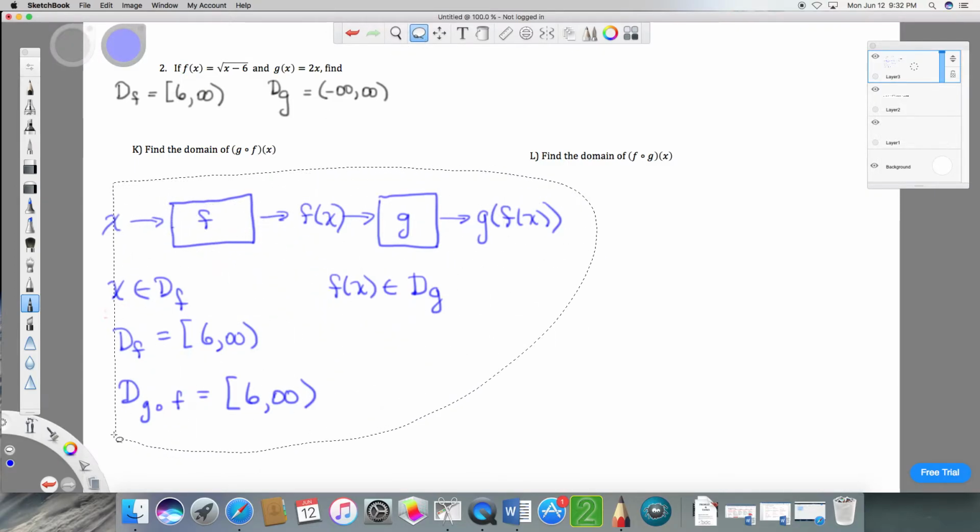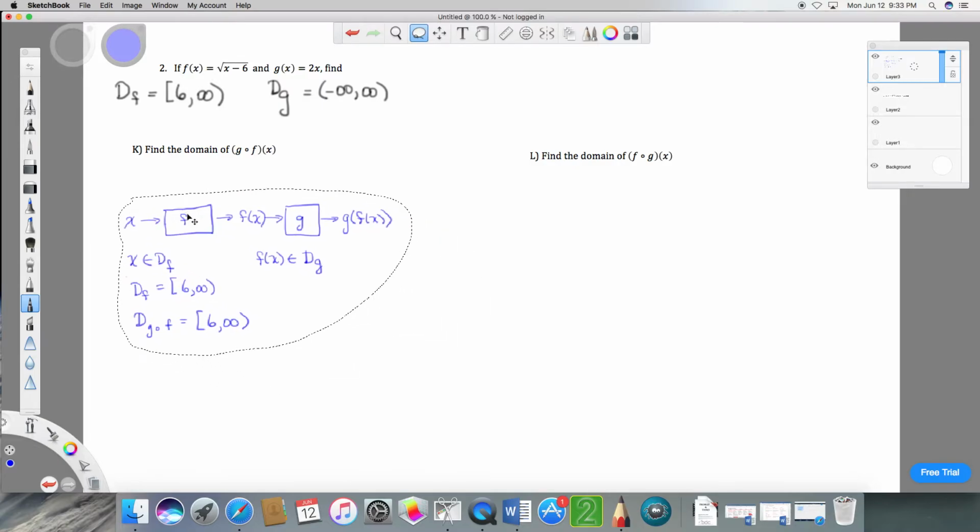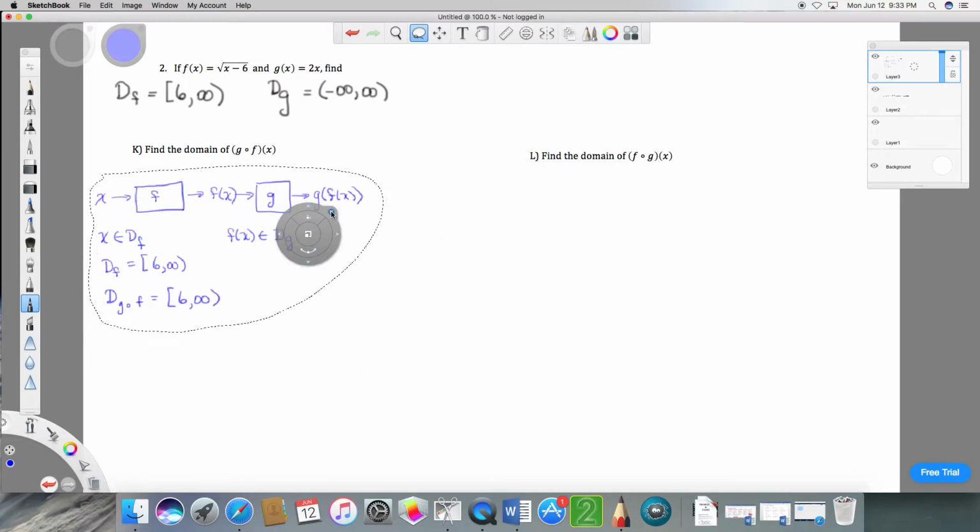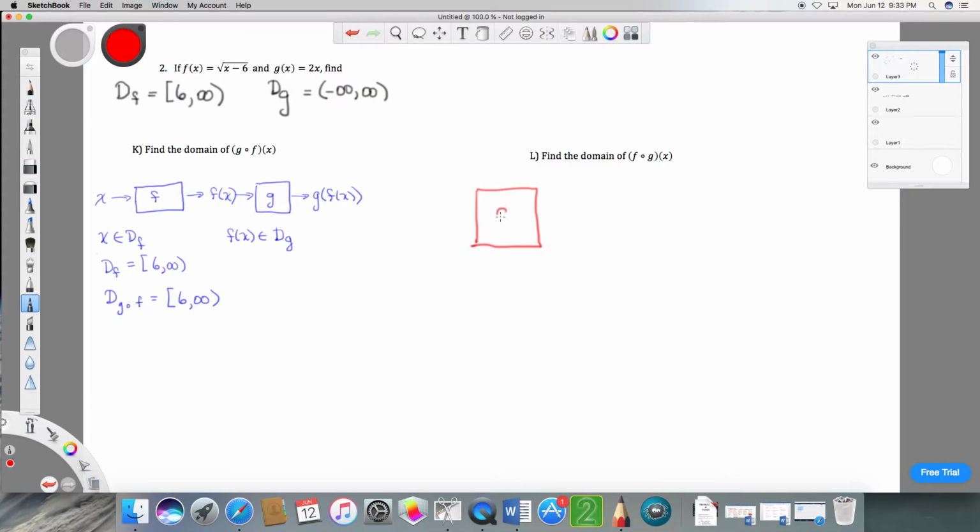For the next composition, see, order is important in function composition. Now we begin with the function g. And 2 things have to be true.